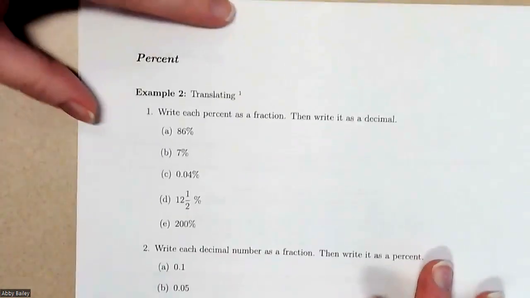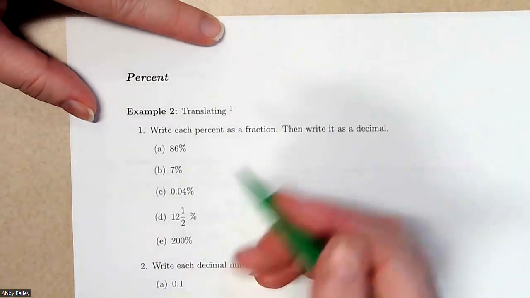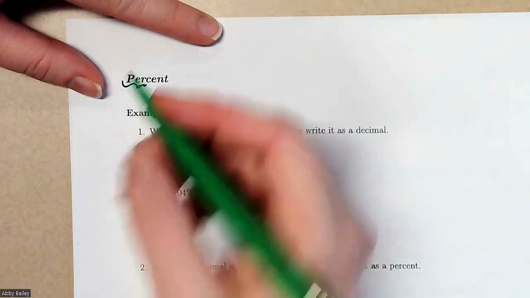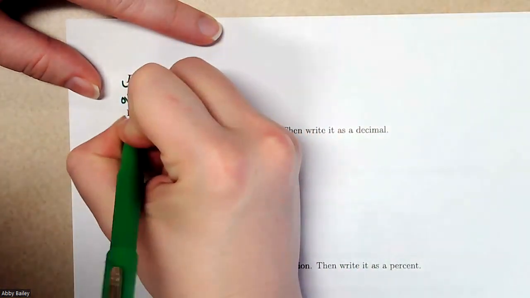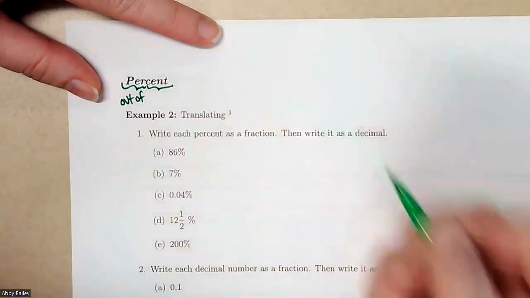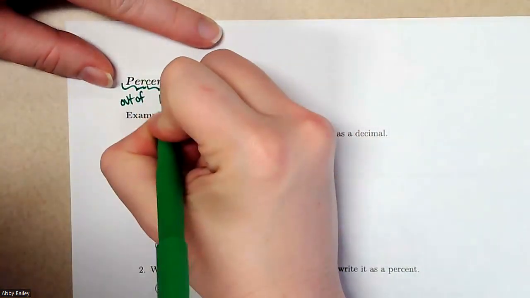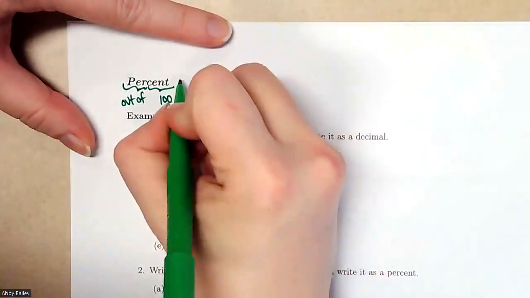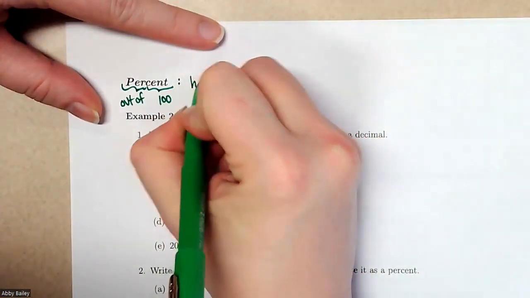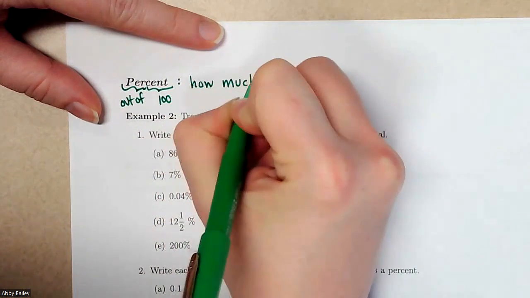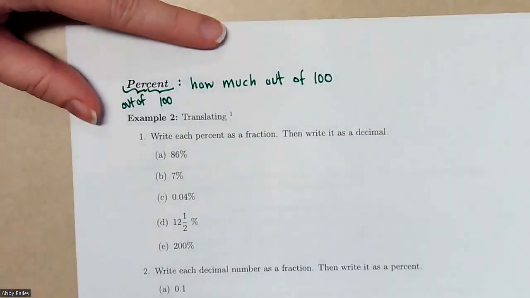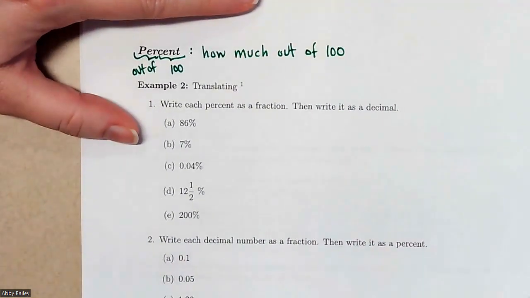Okay. Percent, what does it mean? The part per means out of. And cent means 100, like century, cents in a dollar. So percent means how much out of 100. Yeah. So let's translate the following.